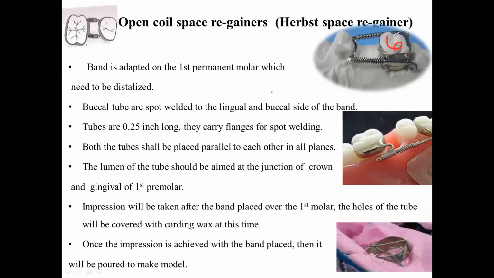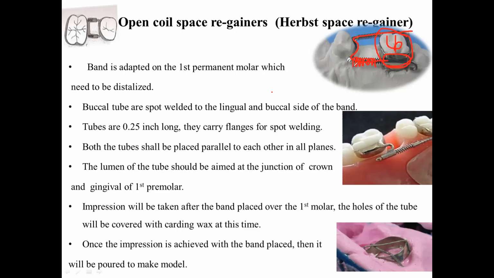So the tooth which needs to be distalized is to be banded. You see here, a molar band is applied over the tooth, that is 6, which needs to be distalized in the open coil spring appliance. And can you see here, in these molar band tubes, there is some sort of metal wire crossing, and over that metal wire, this spring is placed.